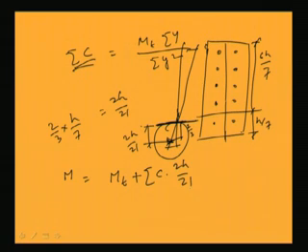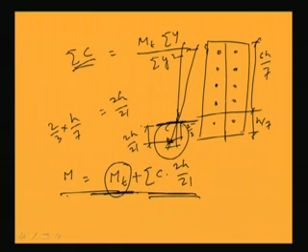That means the moment about the neutral axis, which is basically the external moment, means the external moment will be the moment resisted by the rivets in tension plus the moment resisted by the rivets and section in compression. The addition of all these will become the total external moment.